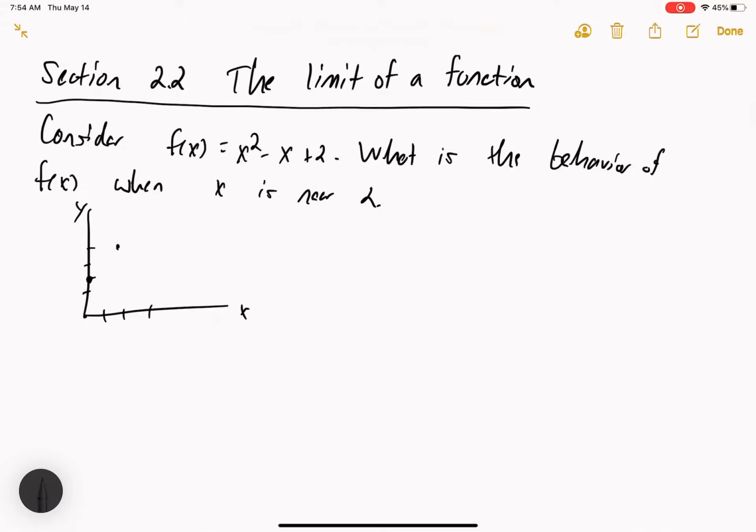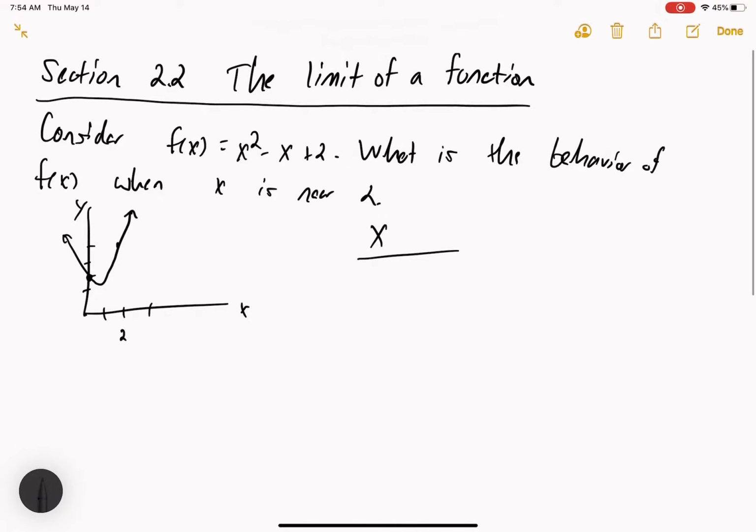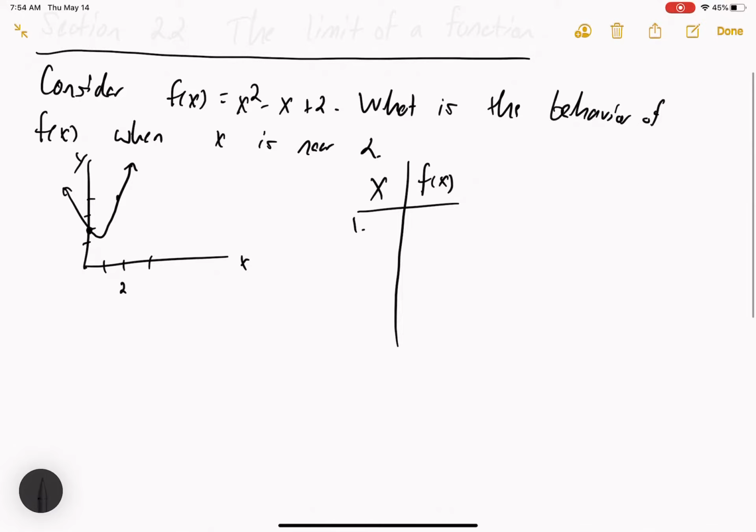Bear with me, I'm not the greatest artist, but we'll figure it out. So this will be 2 right here, and let's draw a little plot. Now we're going to plug in values that are pretty close to 2, so we can get an idea of the behavior of f of x near 2.